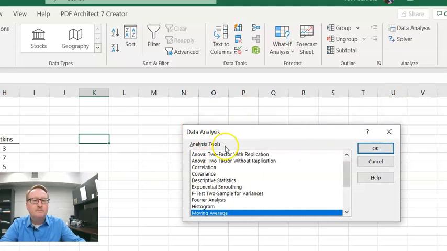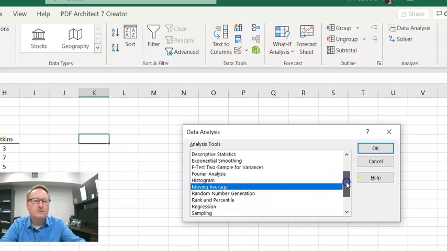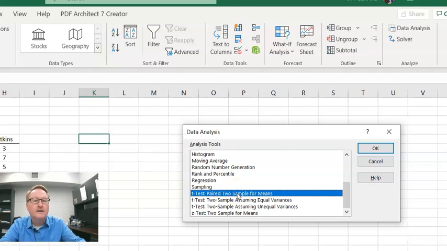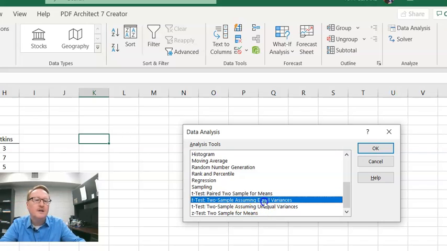And it brings up this box. And what am I trying to do? Here's a bunch of statistical things. I'm going to scroll down because I'm doing the t-test paired 2 samples for means, right? Wait, I'm sorry. 2 sample t-test, assuming equal variances.